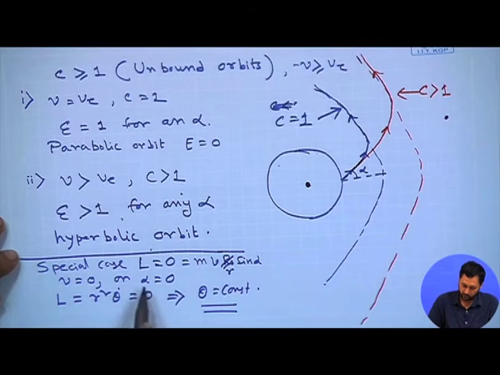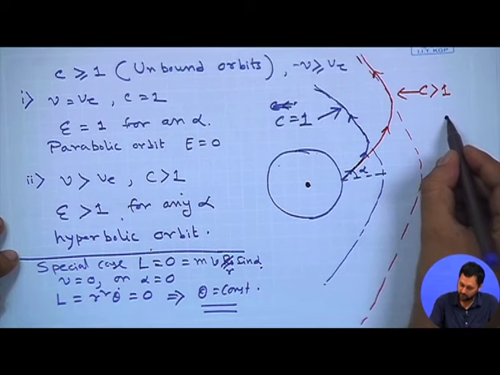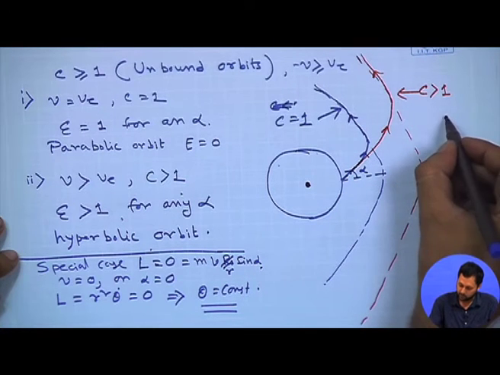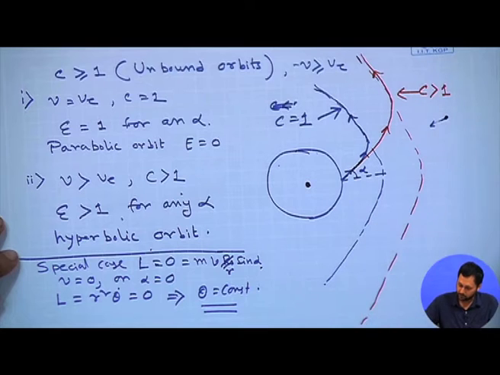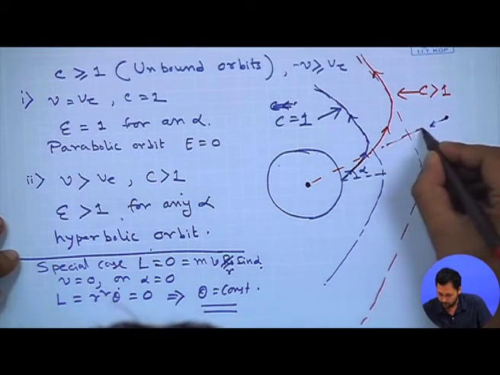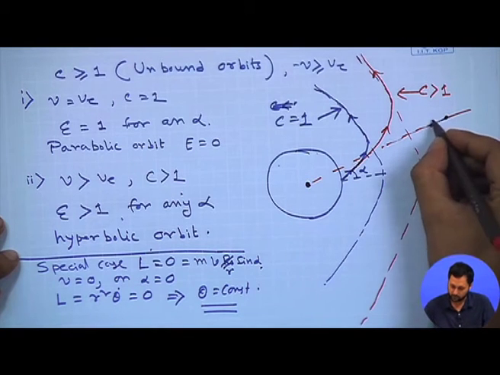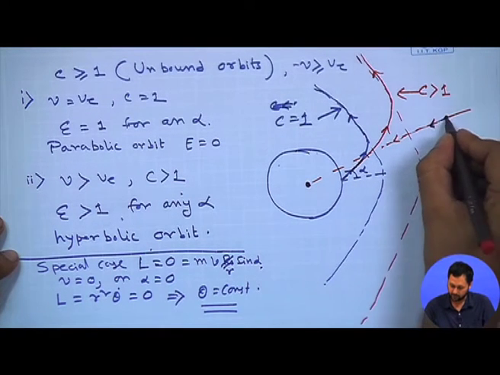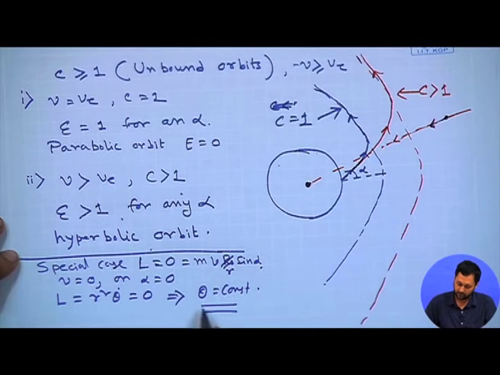So, that means this particular condition v equal to 0 is satisfied, and L will be equal to 0. Now, if we just release it from outer space, it will be attracted towards the force center. Essentially it will travel along the straight line which connects this point and the force center, where theta will be equal to constant. So, this is a special case, a motion with L equal to 0.